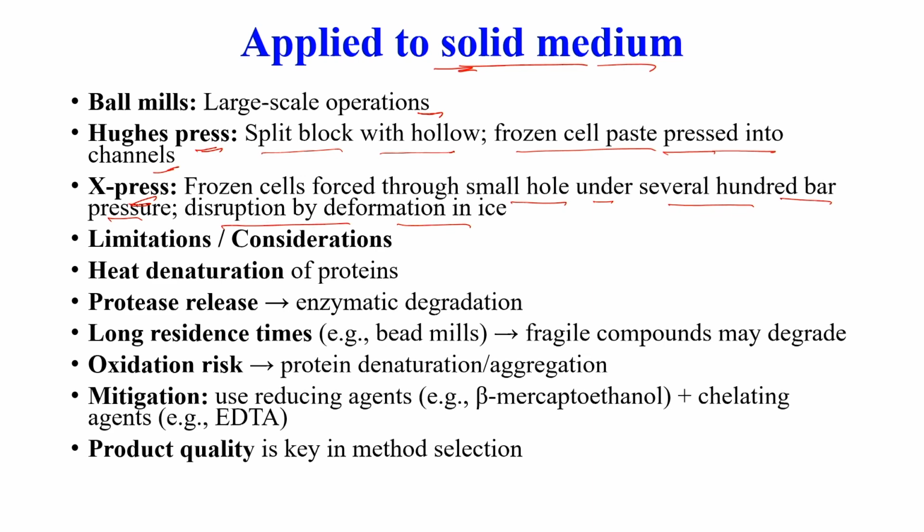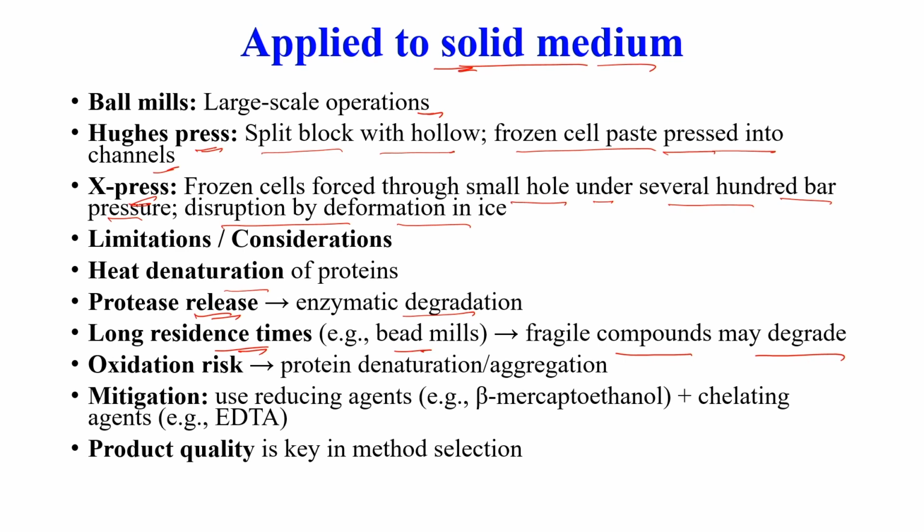When you are applying these mechanical forces, it has certain limitations, like heat denaturation of proteins. There may be protease release, which may cause enzymatic degradation, and further it requires a long residence time, particularly in bead mills. Then fragile components may degrade, because the cells also have different protease enzymes.